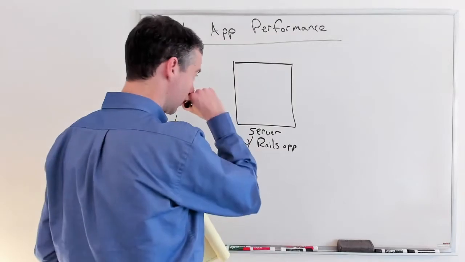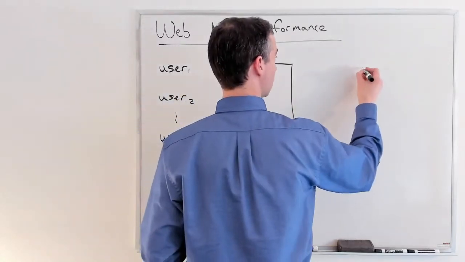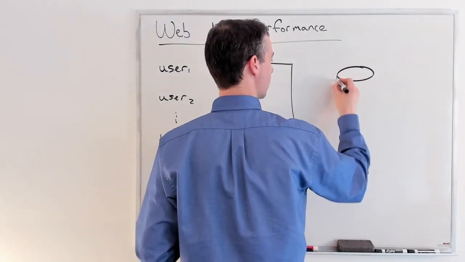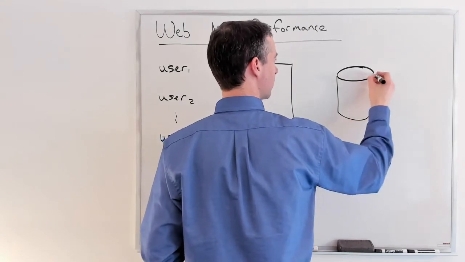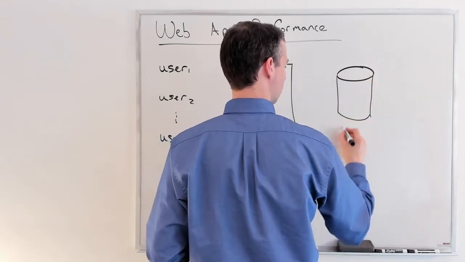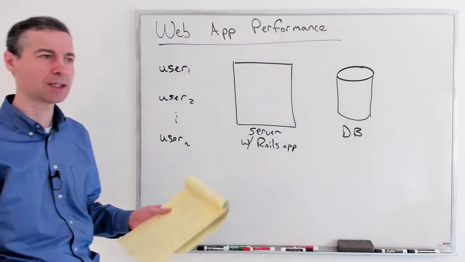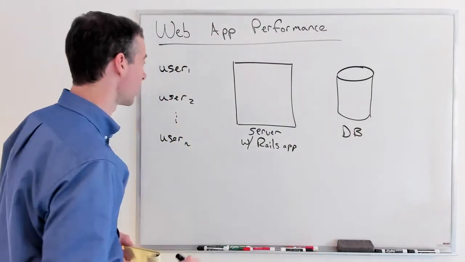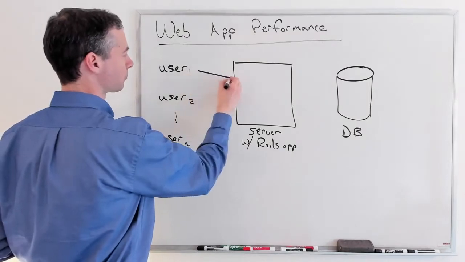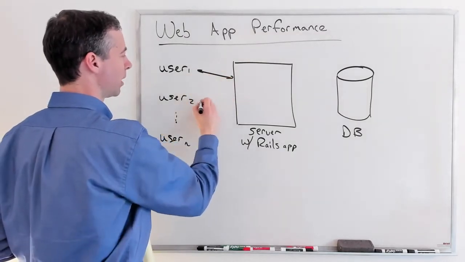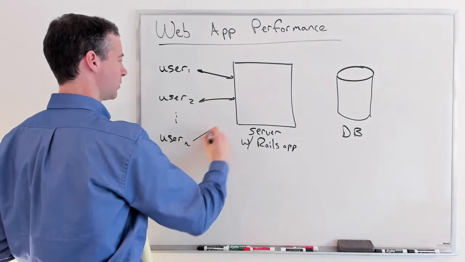And our Rails app makes use of a database because we want to have a persistent setup. We want data, we want it to save, all this stuff by now. So we've got users connecting with their web browsers, making requests.